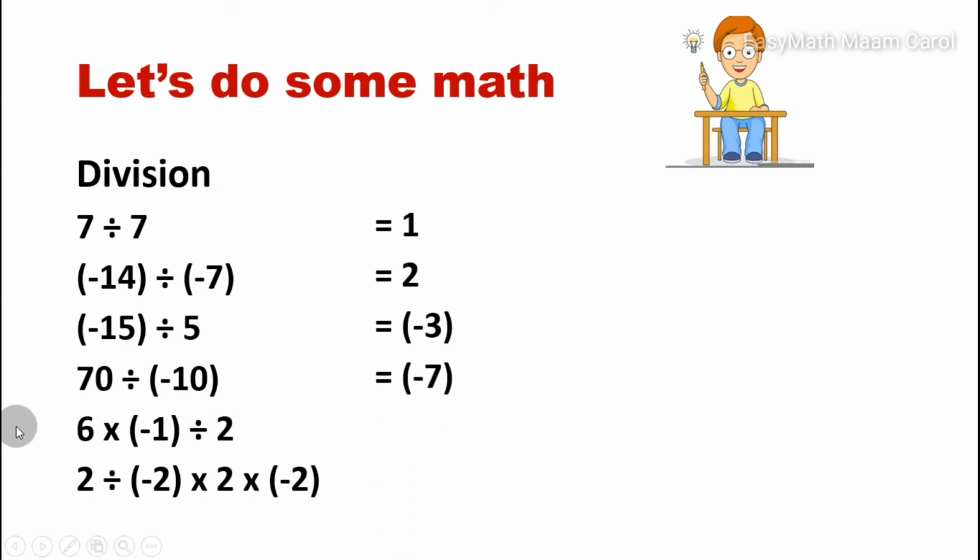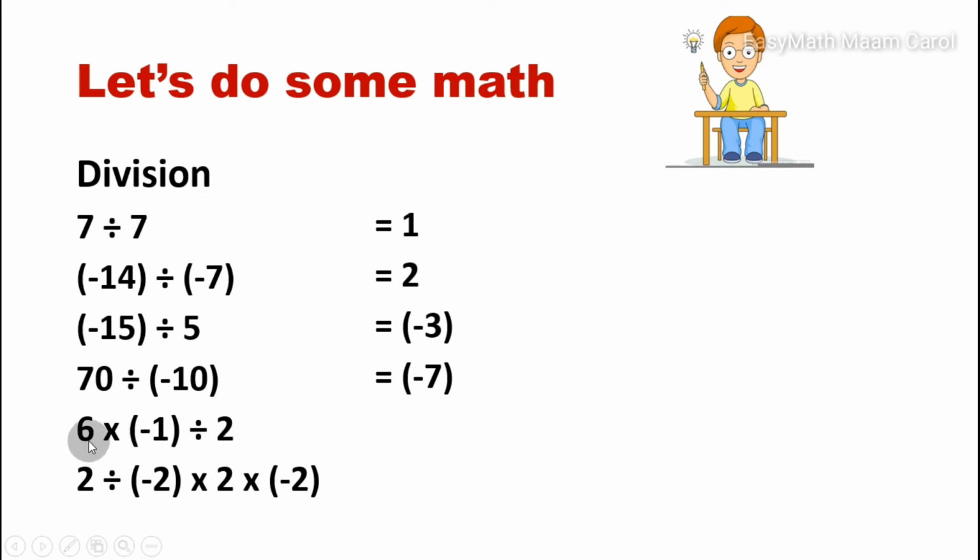For this line, 6 times negative 1 divided by 2, we are going to perform the operations from left to right. If you remember, MDAS. We are going to be consistent with all the mathematics tutorials; no rule in mathematics is going to be contradicted.